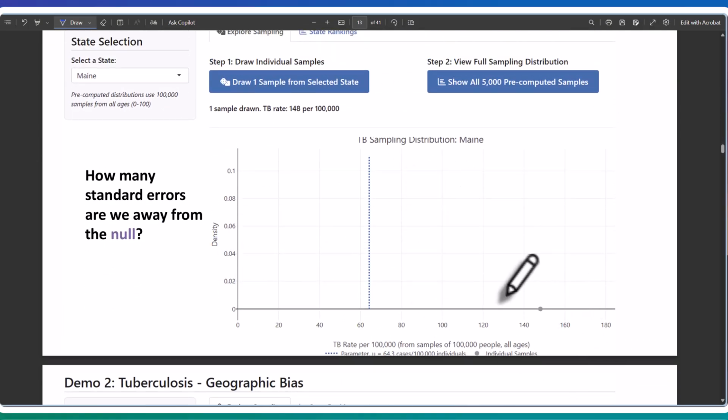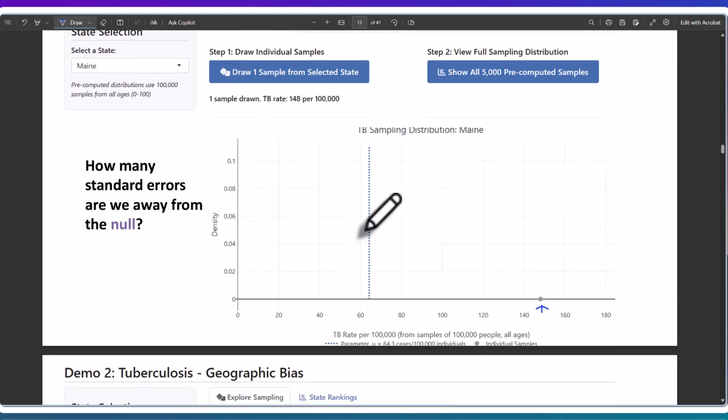So here again, we have our tuberculosis prevalence in Maine. So here's Maine. And we want to know how many standard errors away it is from the null hypothesis, right? The null hypothesis is that it's exactly the same prevalence as the national average, so it's over here. So how many standard errors away from it is it?